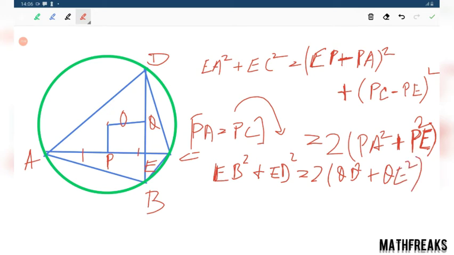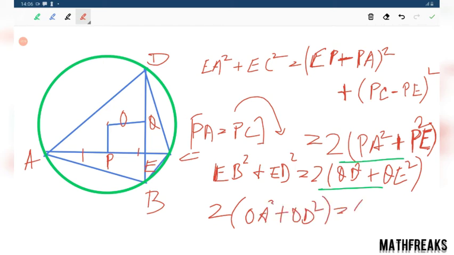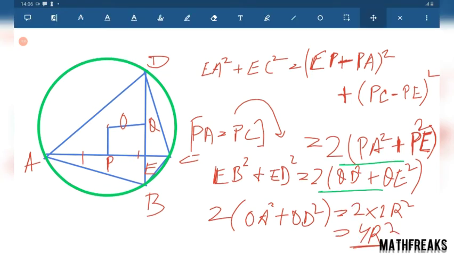Now we will add these two equations. We will get 2 times OA square plus OD square, which equals 2 into 2 times R square, that is 4R square. So this is the original method.